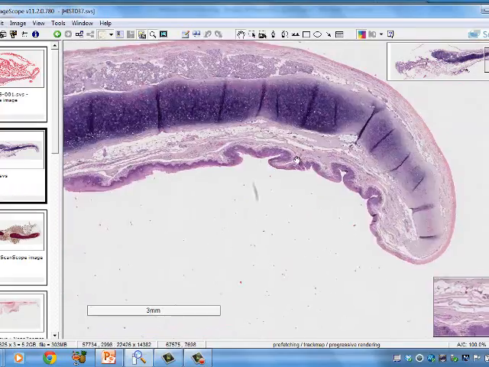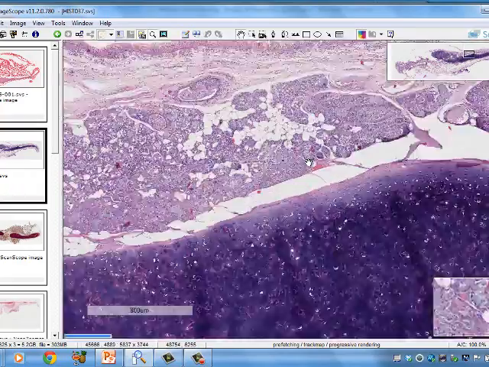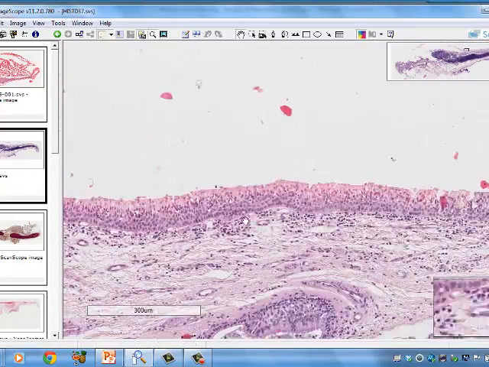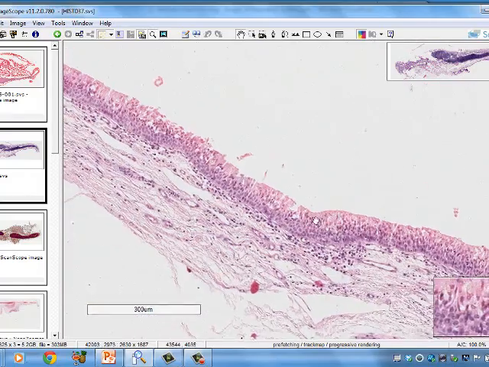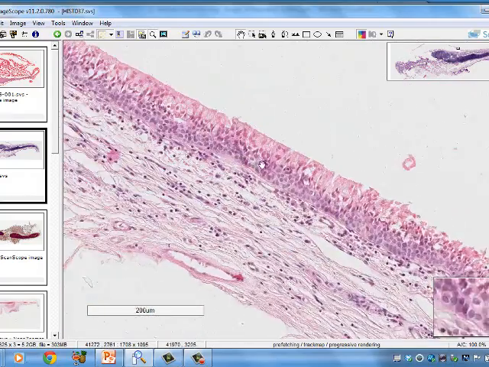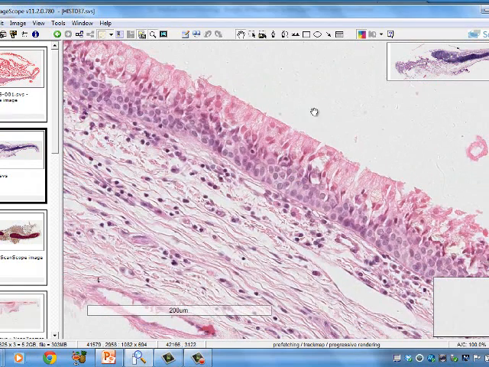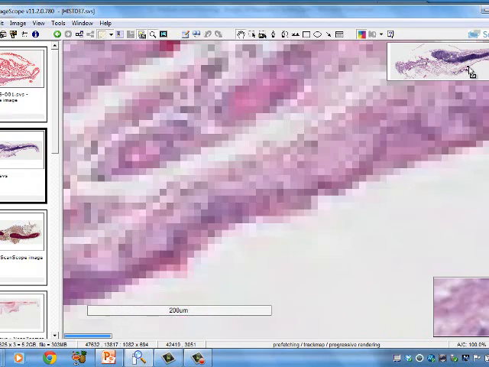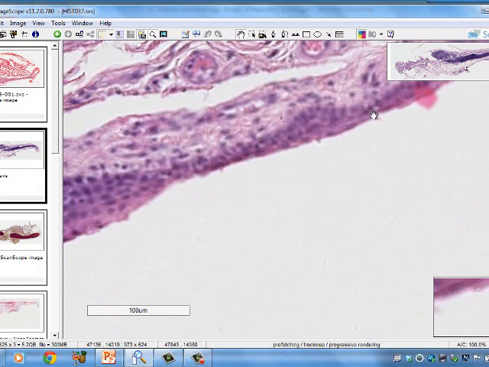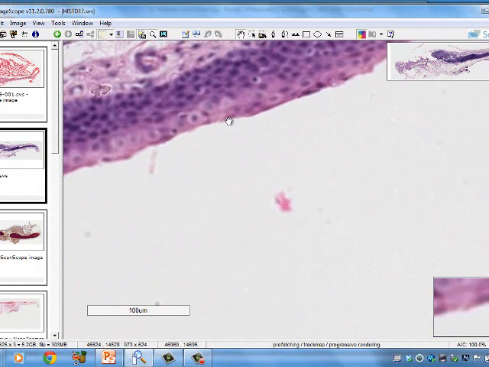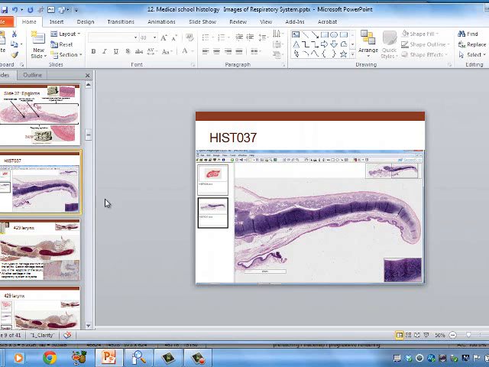And if we look over here, we can see epithelium that's getting ready to be pseudostratified columnar epithelium with ciliated cells. You can see it. So the ciliated cell, this is the respiratory side, and down here is the digestive side of the epiglottis that we can see.